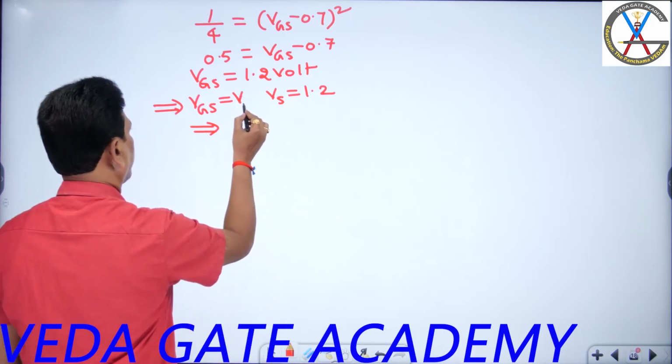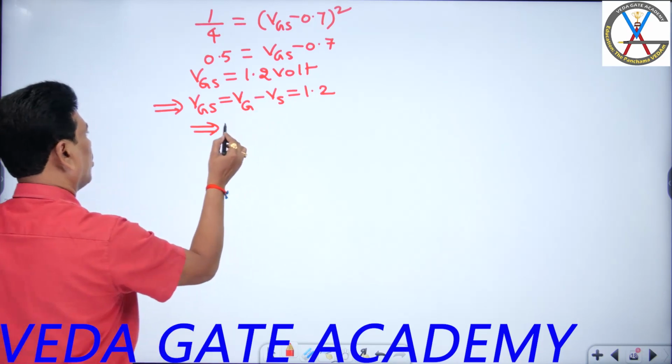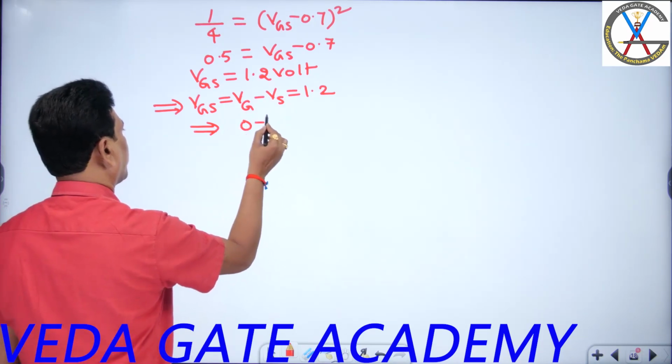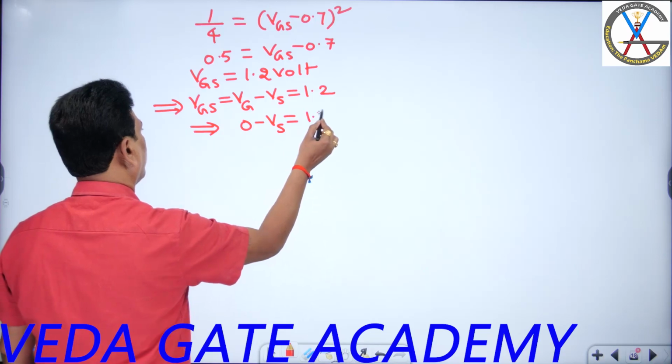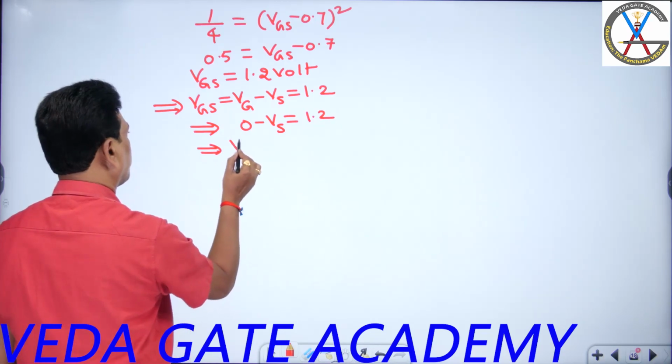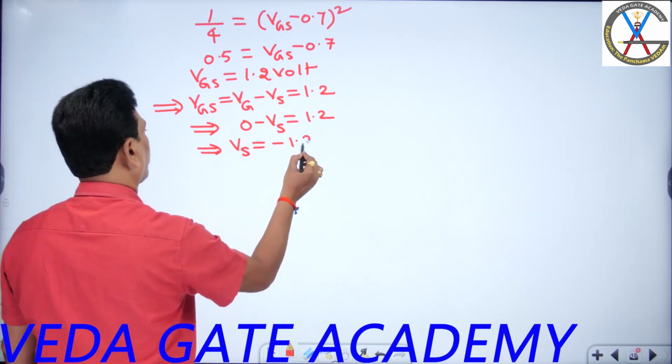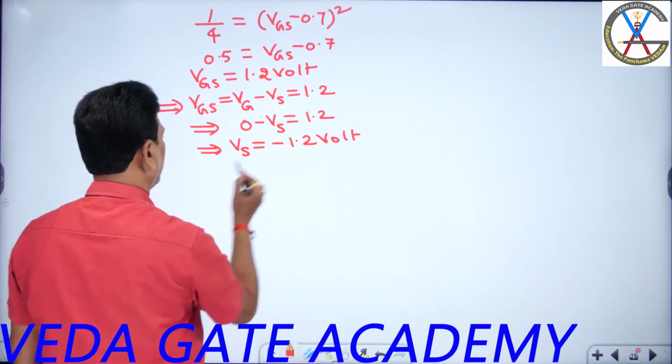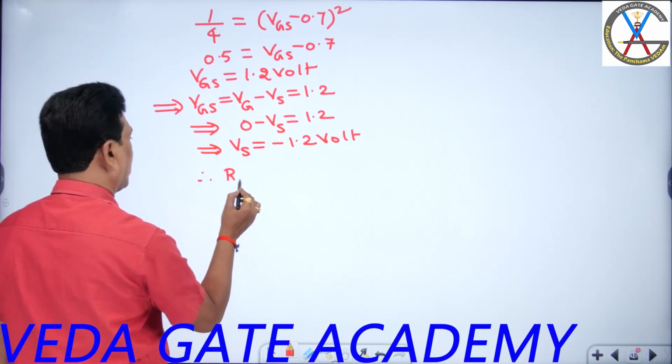So this is VG minus VS, sir. Already you know that VG equal to 0 there, minus VS equal to 1.2. This implies VS equal to minus 1.2 volts, sir. I got VS now. Therefore, I can calculate RS.